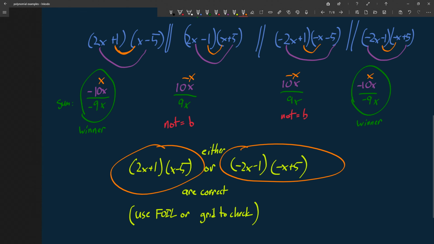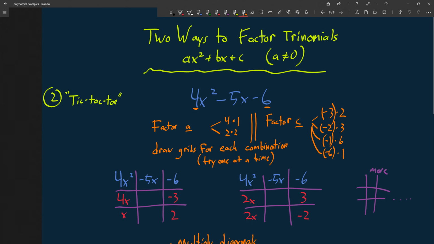You can check them both with FOIL, but in this case, both of these would work, and both of these would be acceptable answers. The other technique, so the same thing, but just using a different way to show your work, is using what's called, it was told to me as a tic-tac-toe method, or the grid method. You've got your trinomial, here in this case 4x squared minus 5x minus 6.